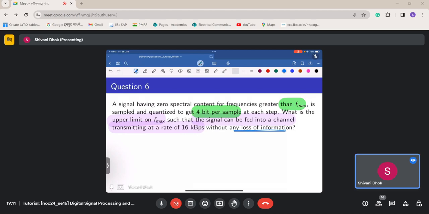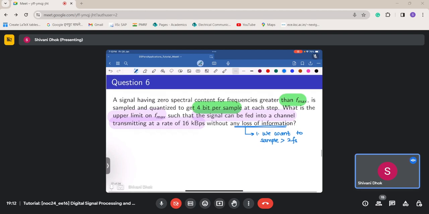Okay, so without any loss of information, what does this mean? First thing is we want to sample greater than 2 times f max, where fs is the sampling frequency. And what all things are given to us?